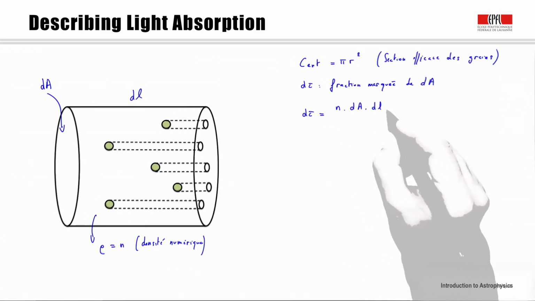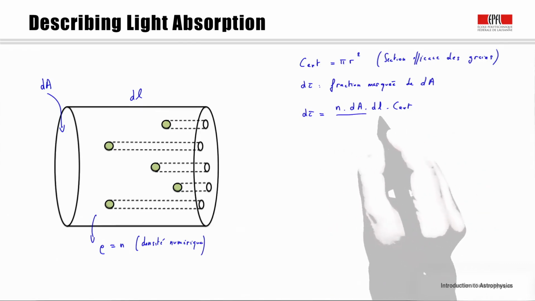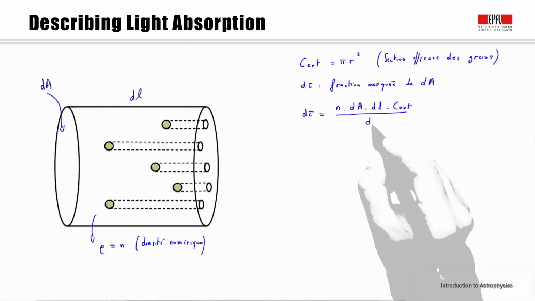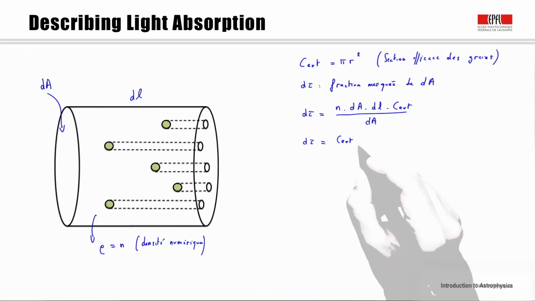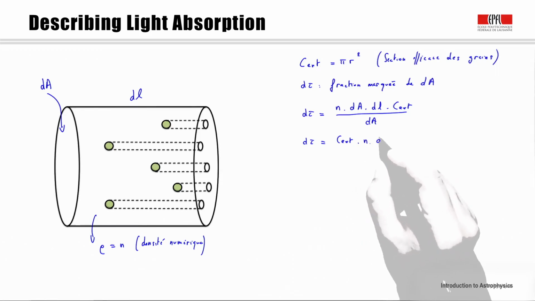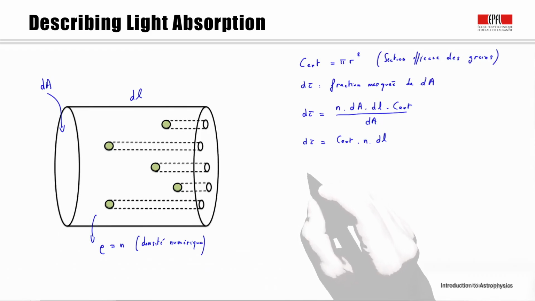So dτ is equal to n times dA times dl, where dl is the cylinder length, times the cross-section over the total surface. If this expression is simplified, one has the extinction coefficient times the density times the element dl. This will be called the optical depth τ.